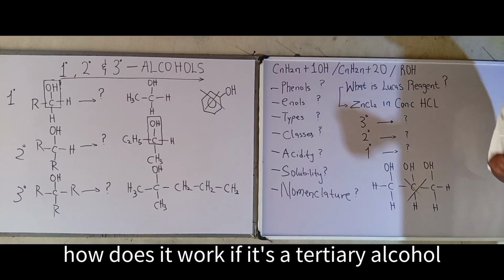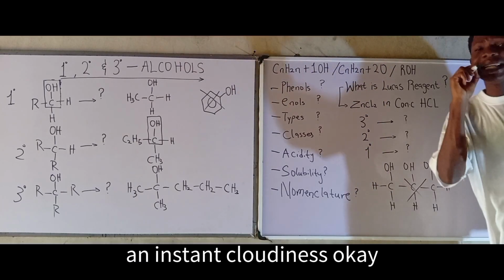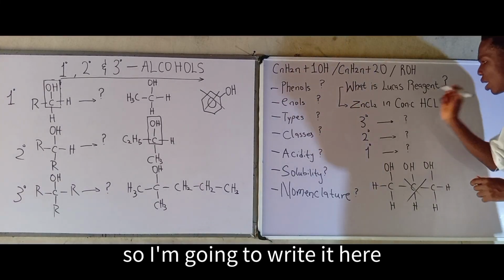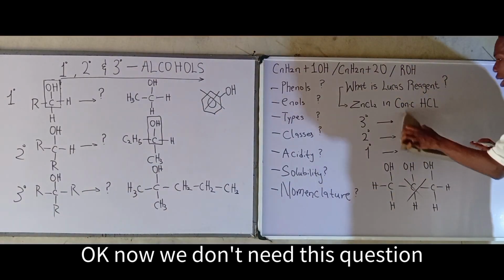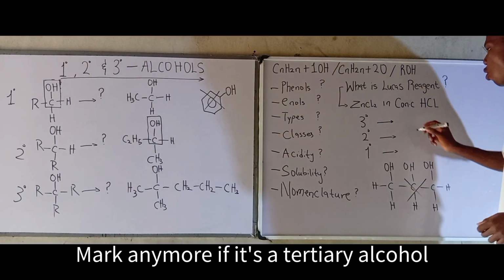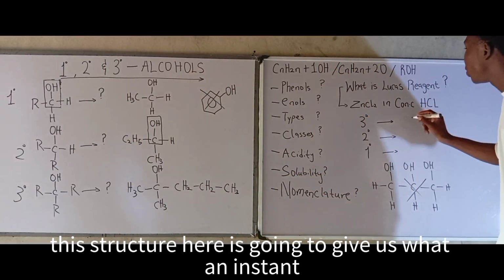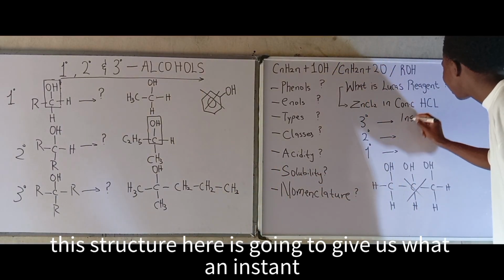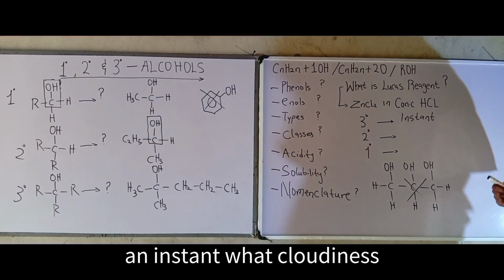How does it work? If it's a tertiary alcohol, we have a cloudiness, and not just a cloudiness, an instant cloudiness. Okay, so I'm going to write it here. Now we don't need these question marks anymore. If it's a tertiary alcohol, like this structure here, it is going to give us an instant cloudiness.